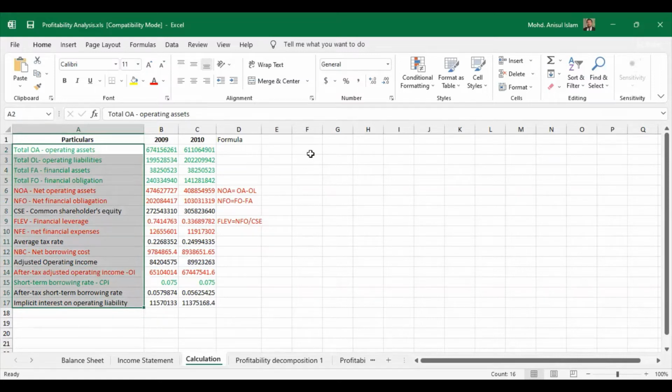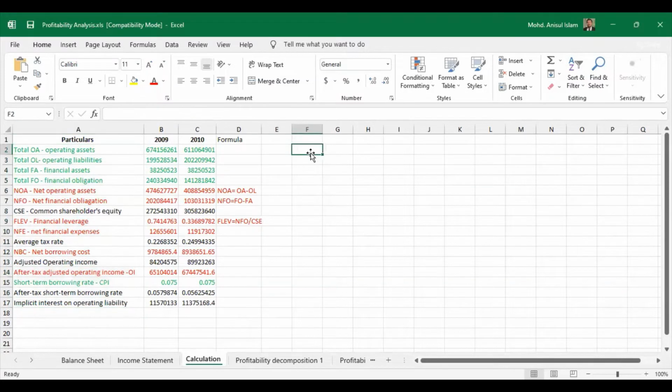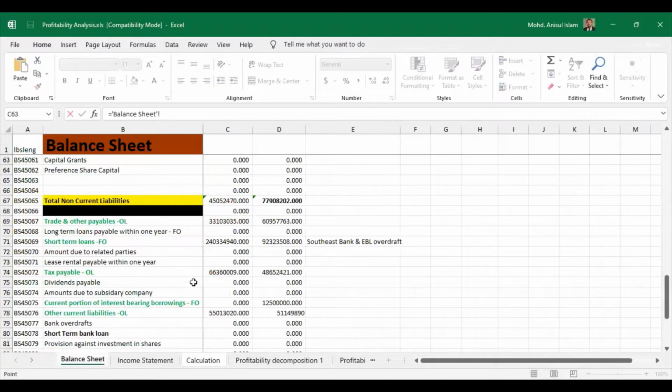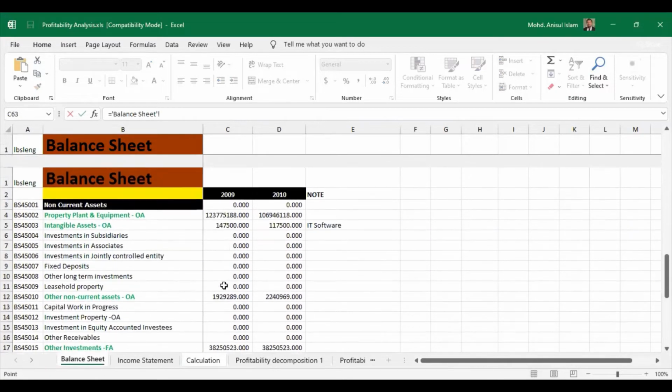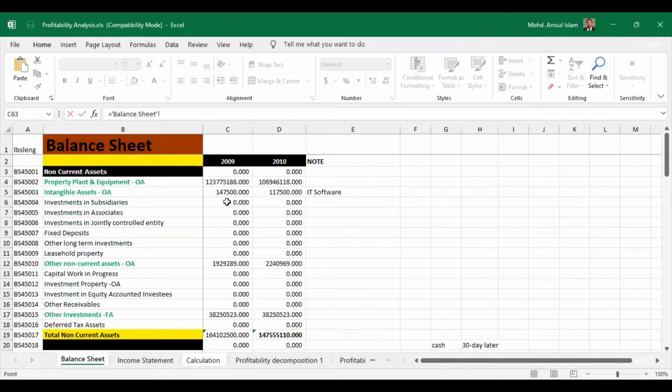The first item is the operating asset, or total operating asset. How can we compute it in the balance sheet? Let me write it here. In the balance sheet, let's try to identify what the operating assets are. Here you see that property, plant, and equipment I have identified as operating asset.